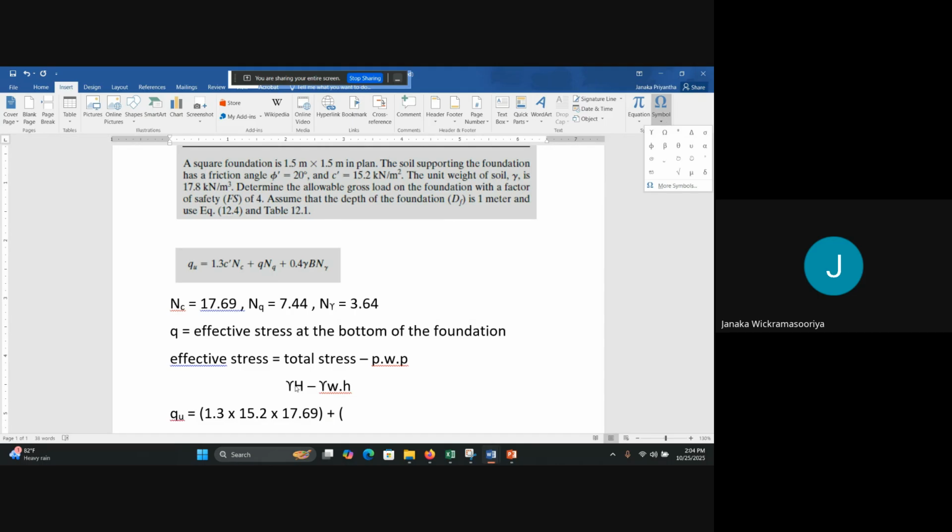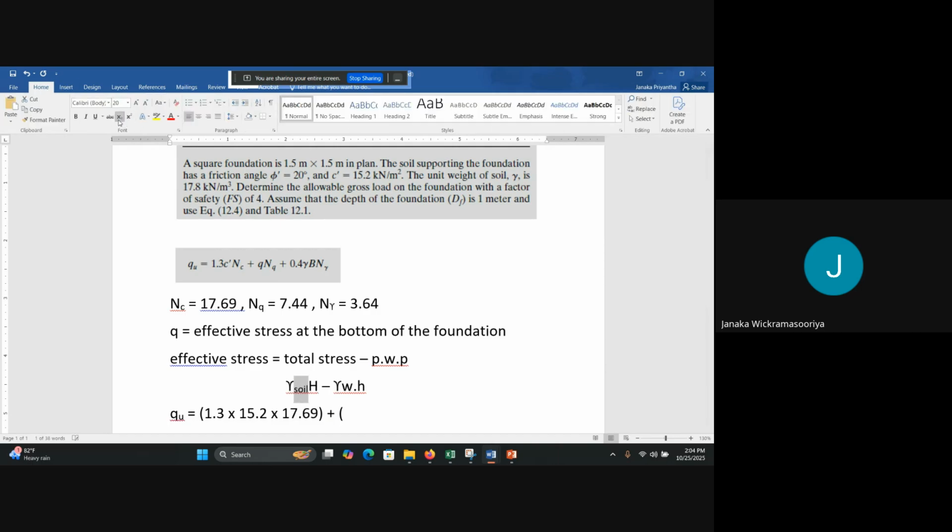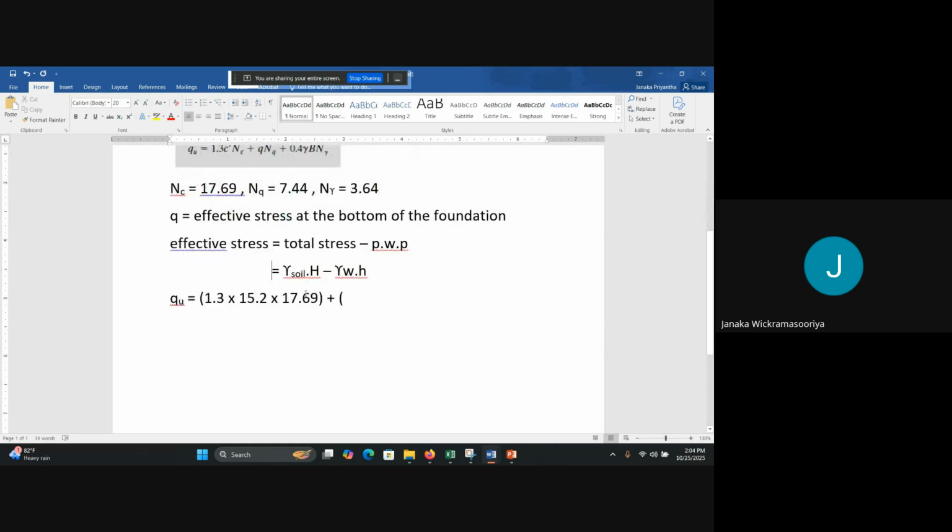Gamma soil times H minus. This is how you can find the total stress, effective stress.